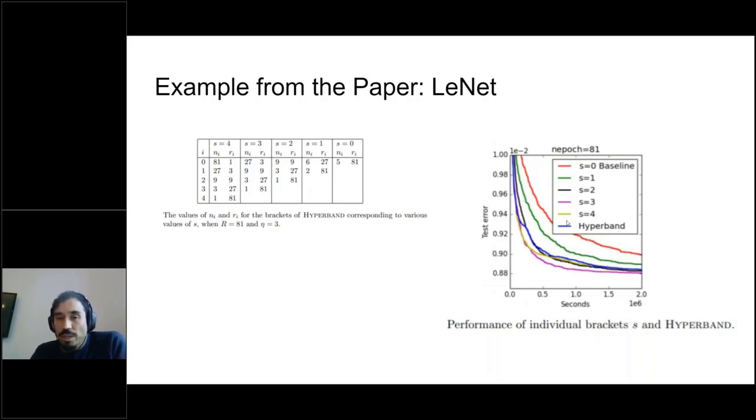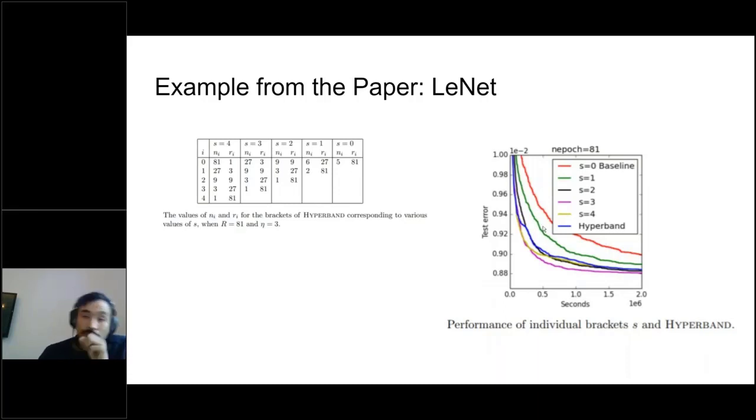And as you can see, bracket number 3 is the most optimal. You don't know that when you are running your Hyperband search. So at the end, you are going to get the best configuration from your algorithm. It's something like a black box, but they chose to plot all of the different brackets.